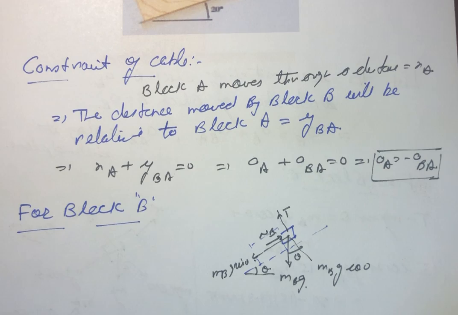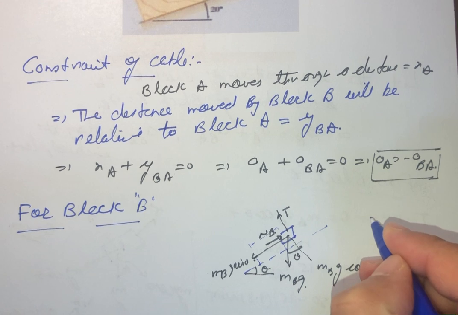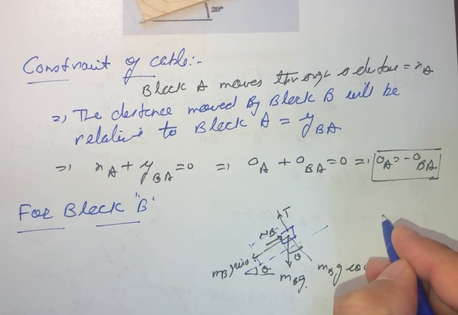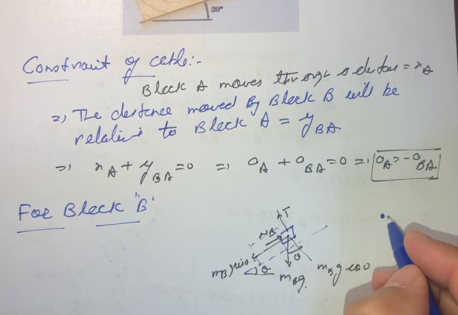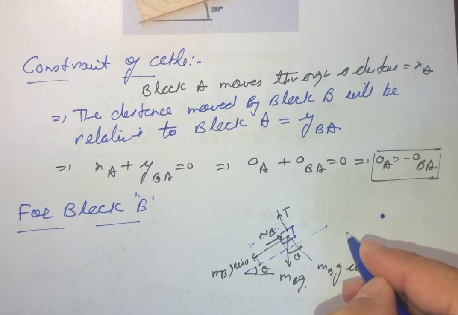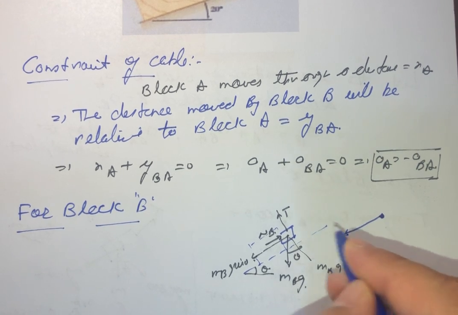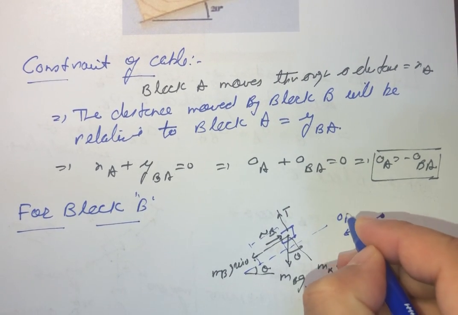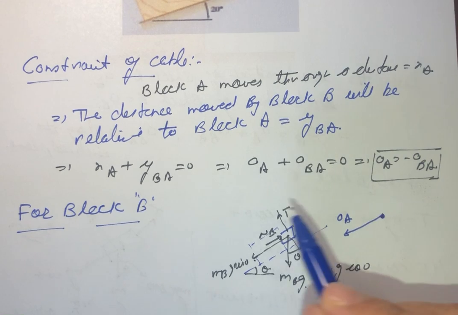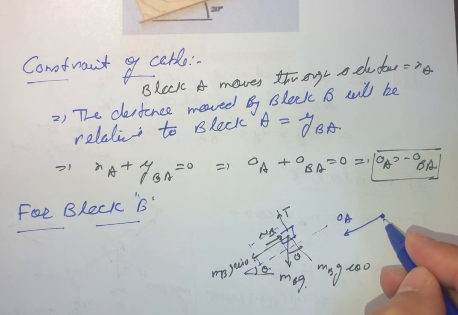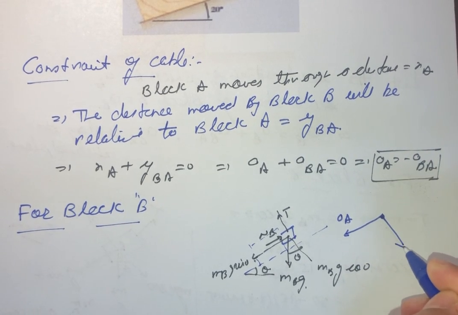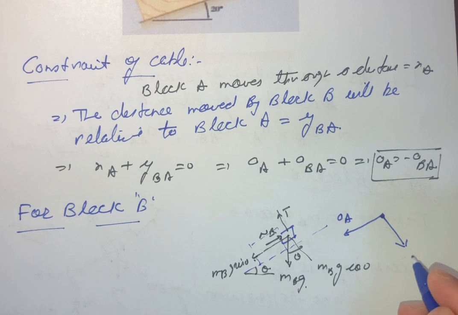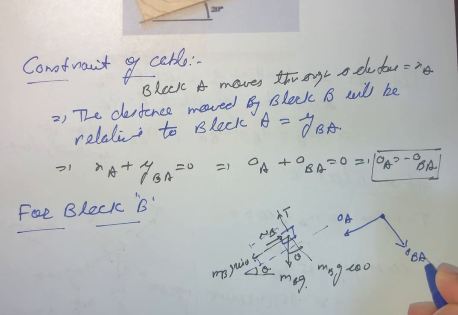For the acceleration of B, it has two accelerations: in this direction, the acceleration of block A, and in this direction the relative acceleration aBA.